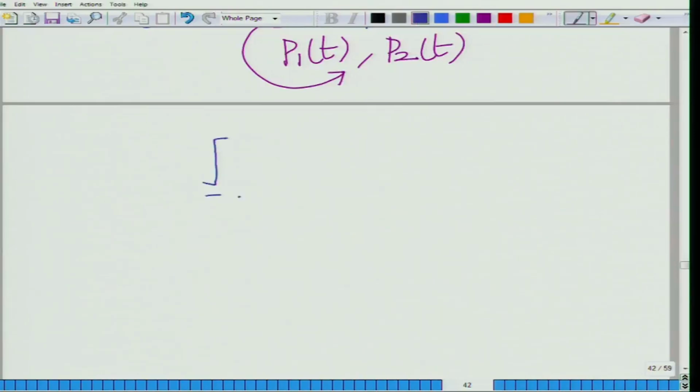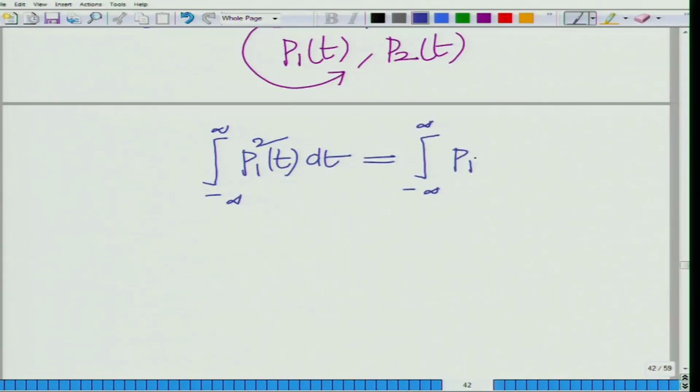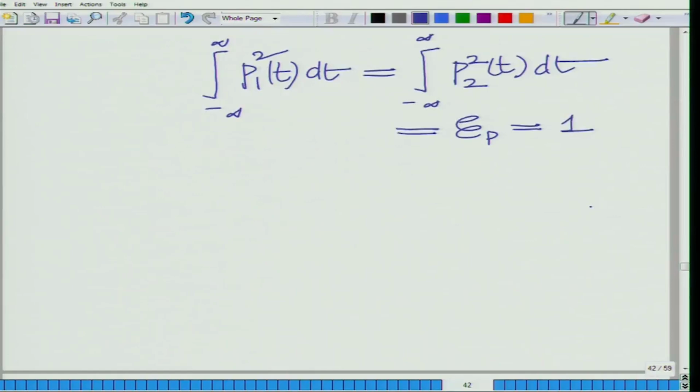If you look at the energy of the pulses, the integral of P1 squared(t) dt is equal to the energy of the second pulse, the integral of P2 squared(t) dt, which is equal to E_P. Let us set them equal to 1, that is, both pulses have unit energy.